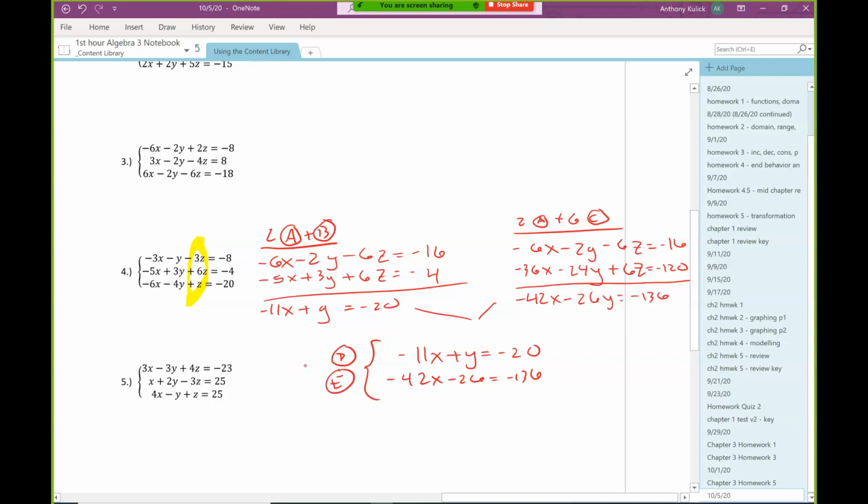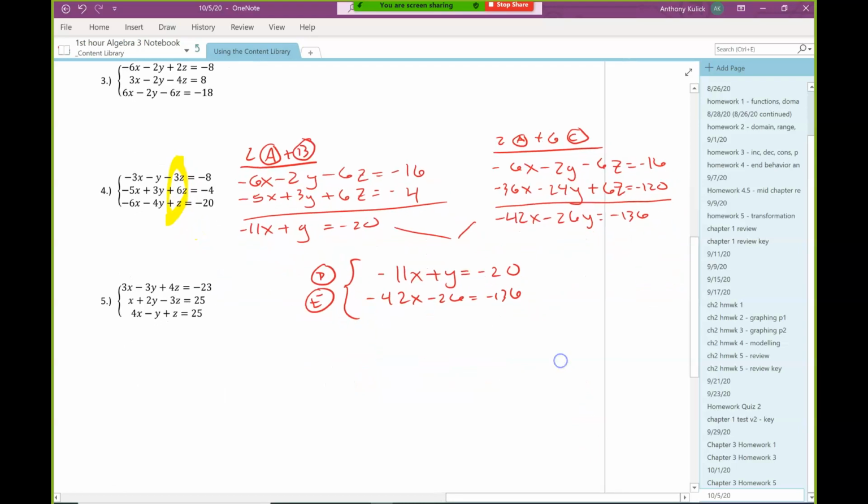Doesn't seem like it. Is that what you had, Megan? It's easy to make mistakes with addition and subtraction, especially with the negative signs and everything rattling around in here. Let's see if we can finish this out, okay?